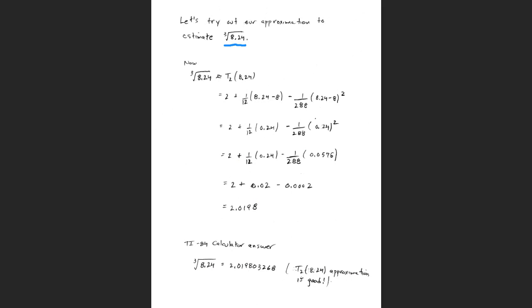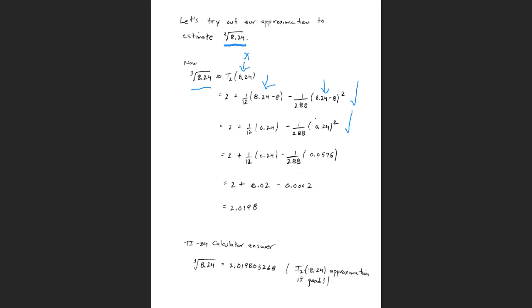Well, 8.24 is the x value that you're using, and so you just substitute that in wherever x goes in the Taylor polynomial. Again, we're going to get an approximation for the cube root of 8.24. Notice here on the right, when you compute all this, there's really no difficult math involved.